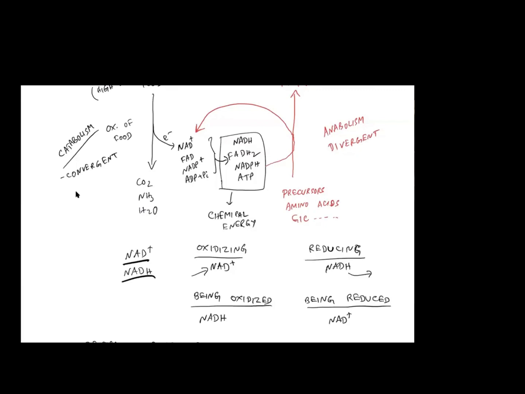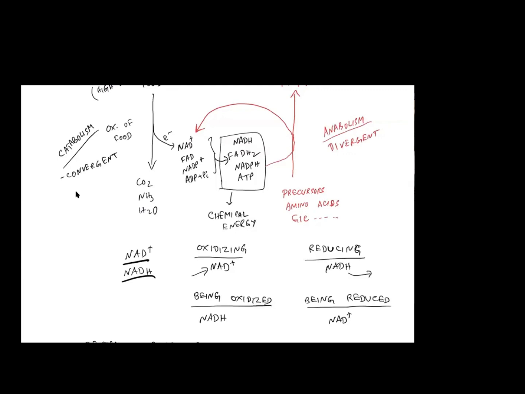And it makes sense the way nature does this because nature is very clever, right? It makes sense to break down all the complex food into some common intermediates and then process it all together to get ATP, or produce the reduced coenzymes.